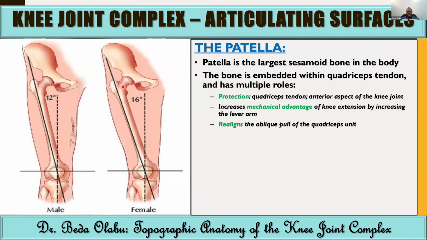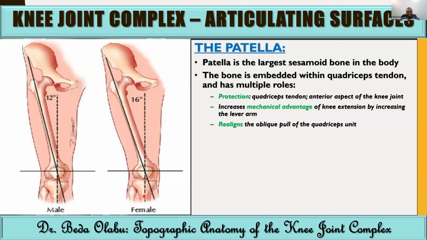This is an imaginary line that extends from the anterior superior iliac spine to the center of the patella. It corresponds with the axis of pull, axis of action, the vector path of the quadriceps pull. We want this oblique pull of the quadriceps to be straight on the tibia, and so the patella realigns that oblique pull. You know how pulleys work. It acts as a pulley to realign the oblique pull.